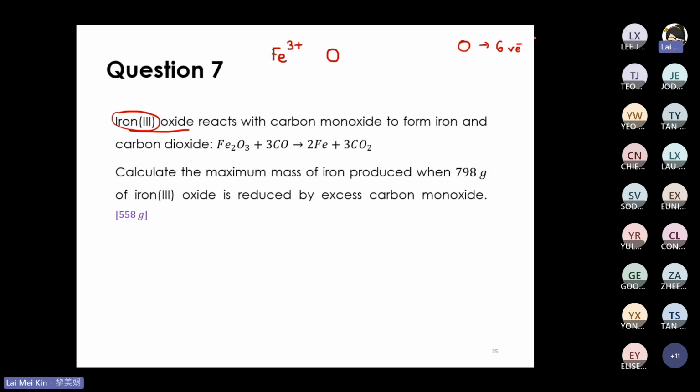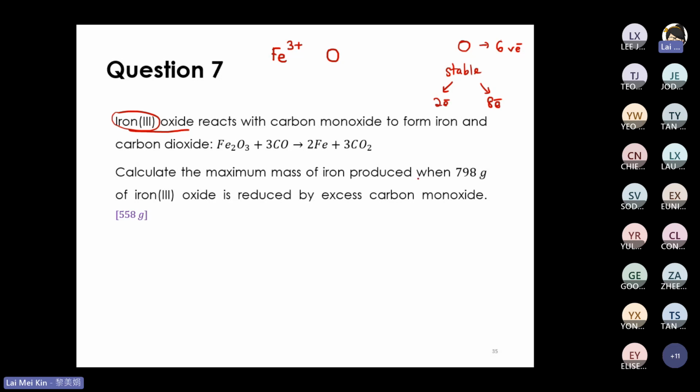When you form bonds, covalent bonds, ionic bonds, what is it that you want to achieve? Stable configuration. What does stable configuration mean? 8 electrons, 8 valence electrons. Or in the case of hydrogen, it will be 2 valence electrons.